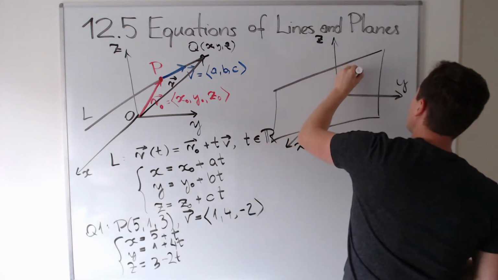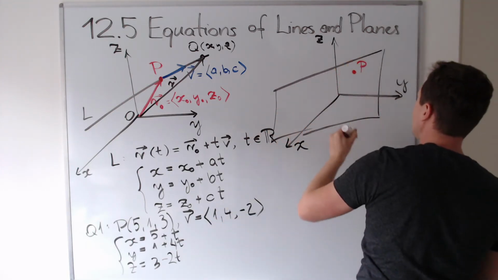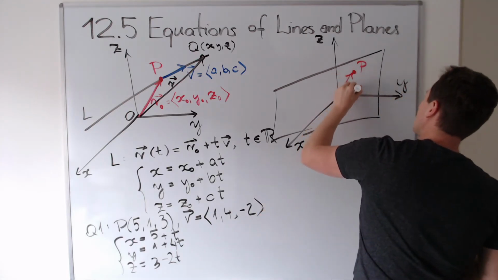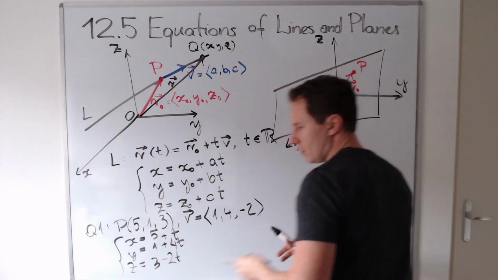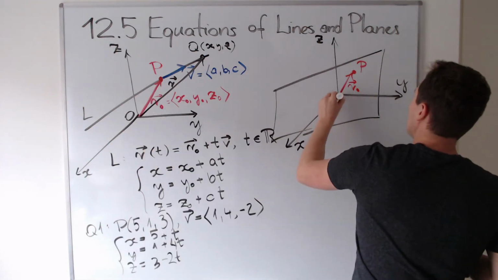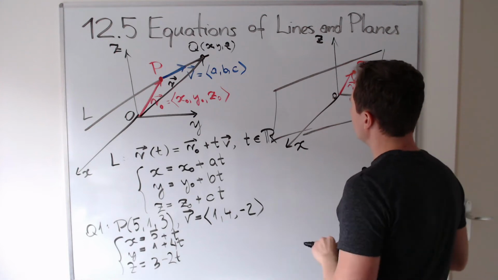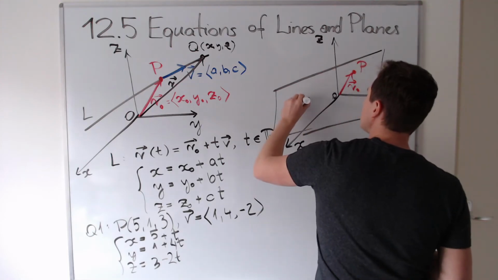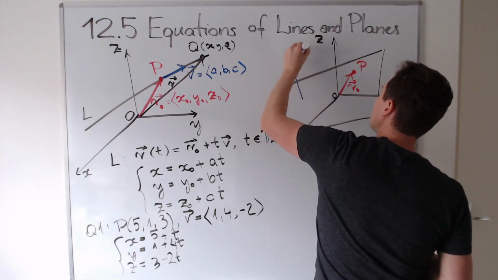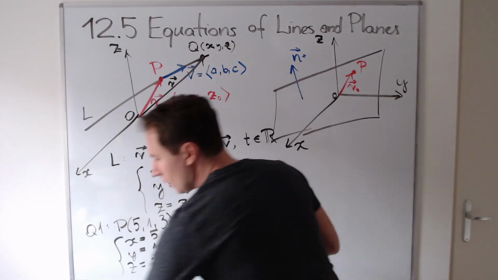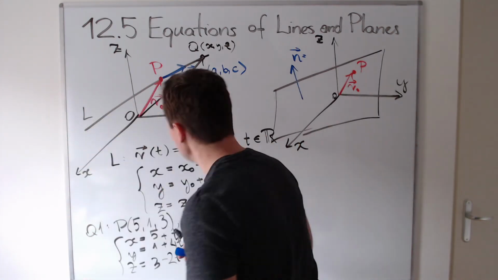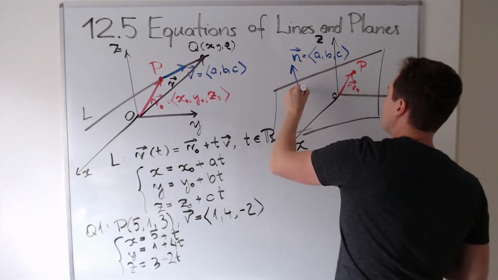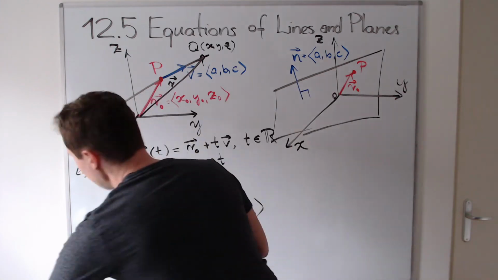It has a position vector from the origin pointing to P. And the other piece of data that we need is a vector that is perpendicular to the plane. It's called the normal vector, and we'll give it again components A, B, and C. So it is perpendicular to the plane itself.